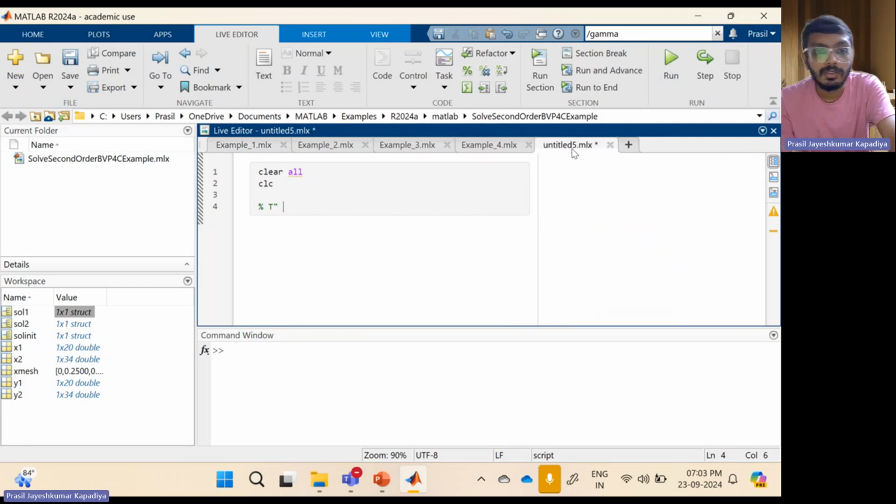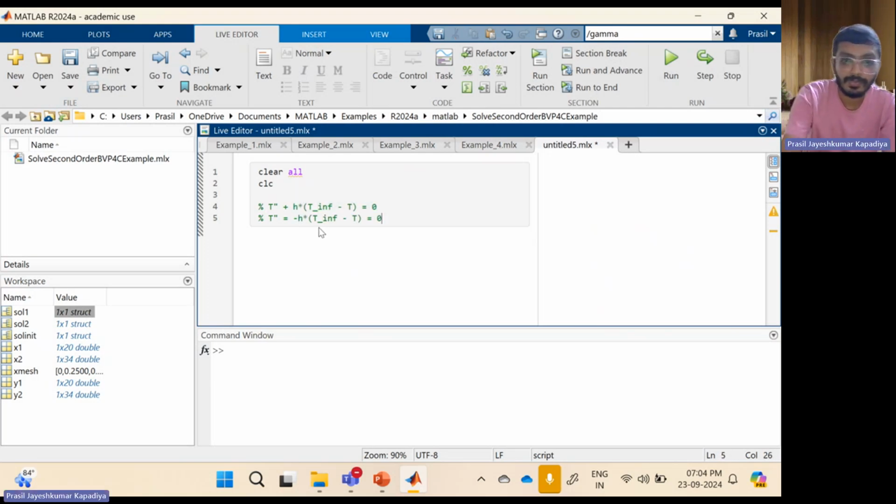Yeah. So my equation is d square T by dx square plus h into (T infinity minus T) is equal to 0. So this is the equation that is given to us. How can I write down this equation? I can write this T double prime as equal to minus of this whole term.